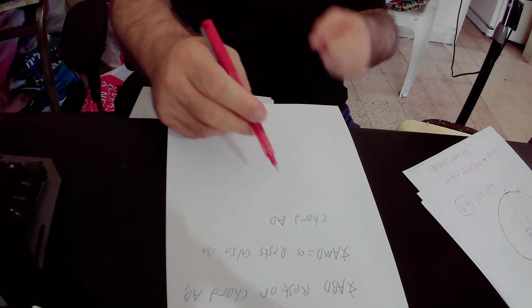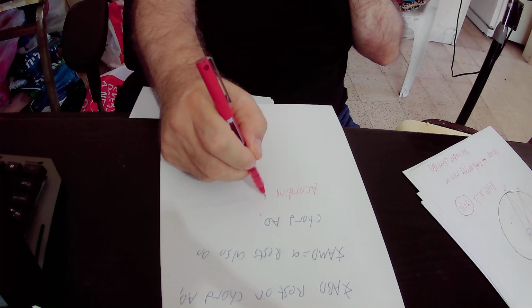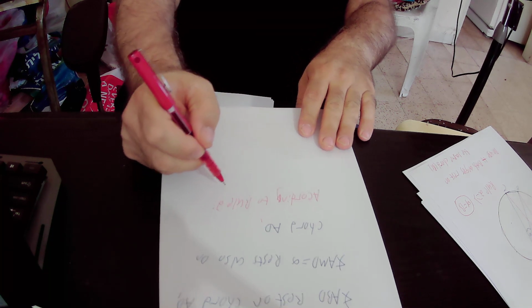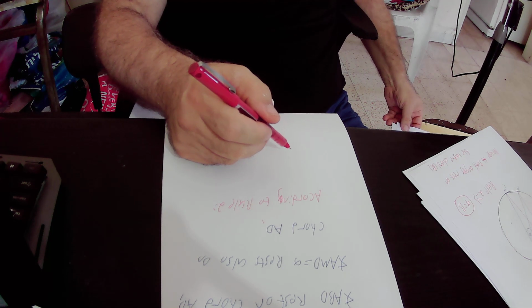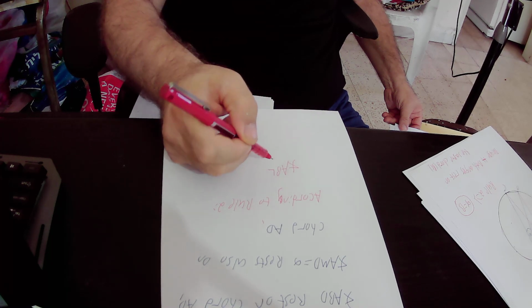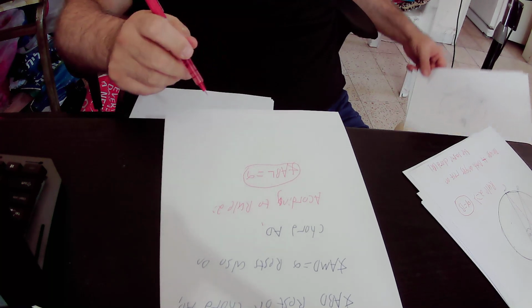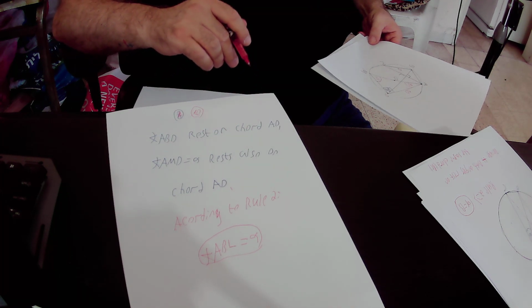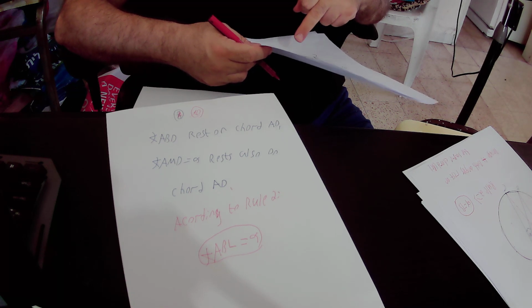So according to rule number 2, angle ABL also will be equal to angle alpha, because angle ABL rests on the same chord as angle alpha.